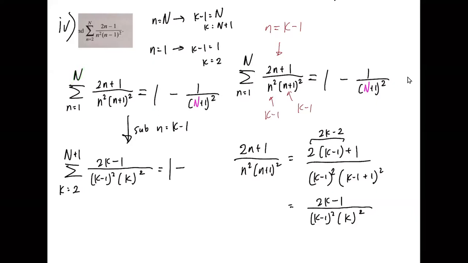So little n eventually increases to capital N. So the upper limit is this n. If the upper limit is now n plus 1, it will simply be 1 over n plus 1 plus 1 bracket square. Yes, correct, I believe so.